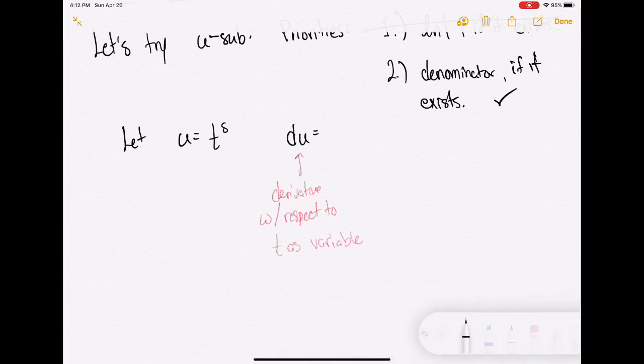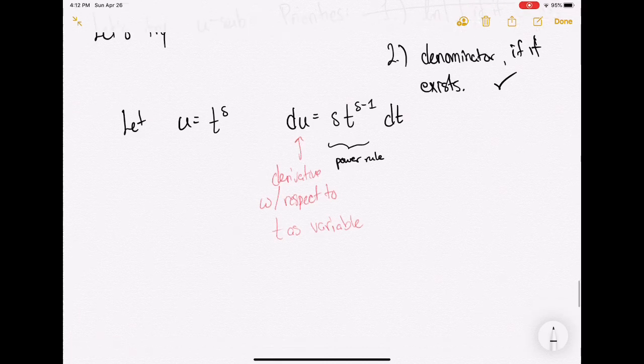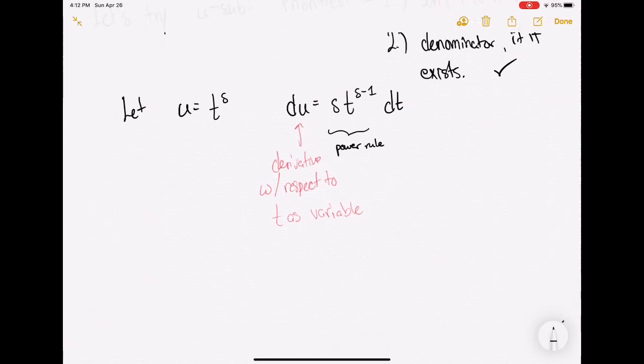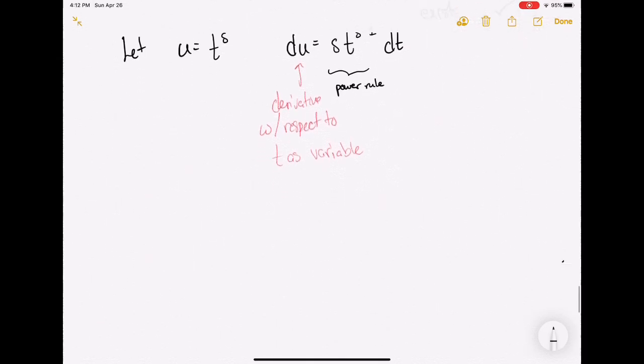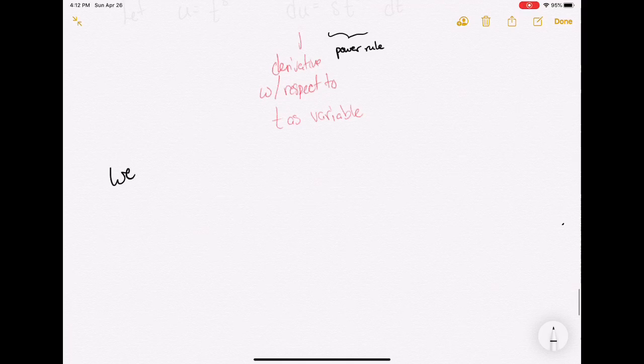That's going to give, it's the power rule, right? So like x to the n, x squared, whatever, if the base of the exponent is the variable, that's when you use the power rule. This is s t to the s minus 1, dt, of course. This is the power rule. Okay. Do we have both u and du in our integral? Yes, we do.